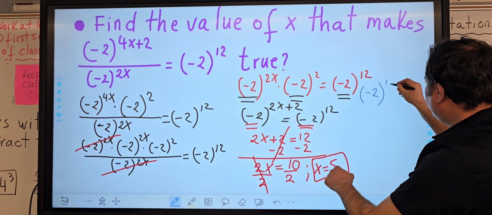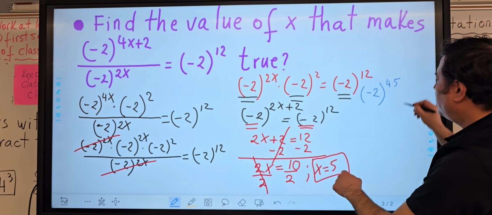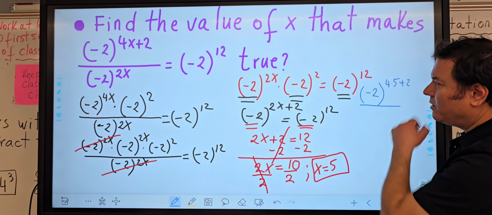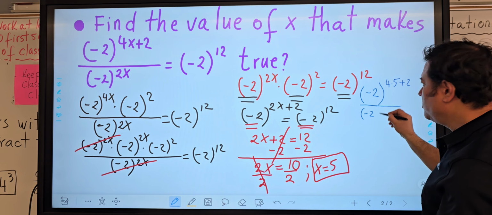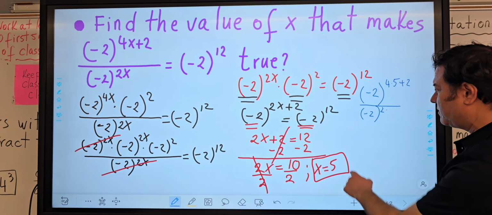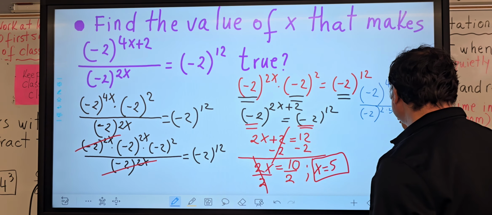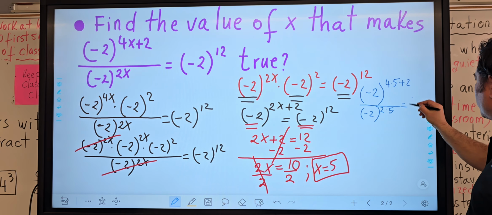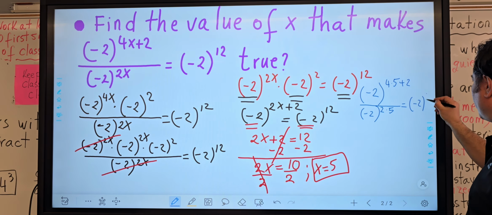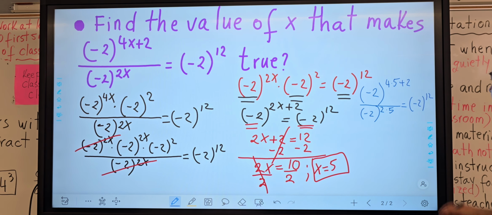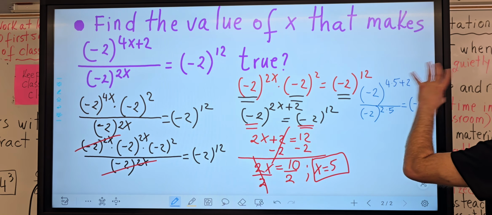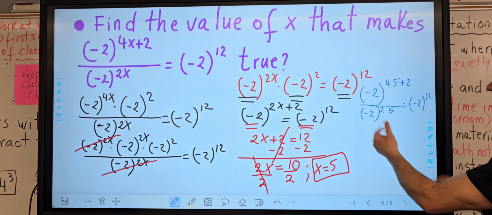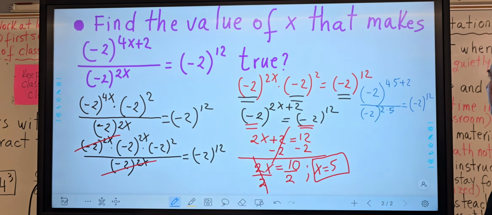So we have 4 times 5 plus 2 over negative 2 to the power of 2 times x is 5 equals negative 2 to the power of 12. Okay, let's see if we get negative 2 to the power of 12 on this side of the equation, and then we are going to get the true statement, and our equation should be okay then.